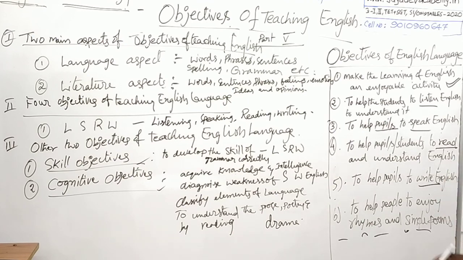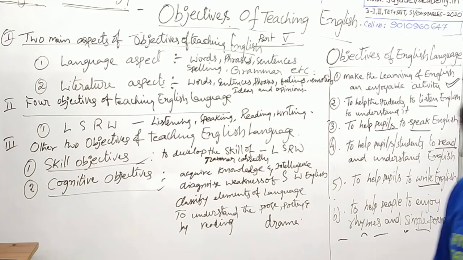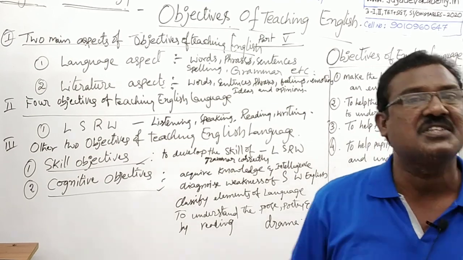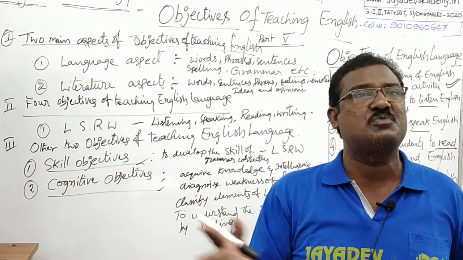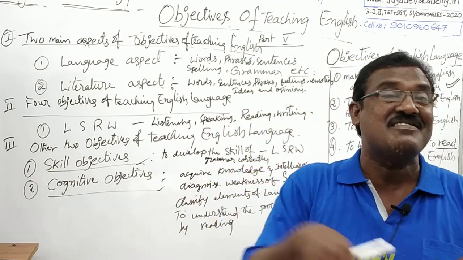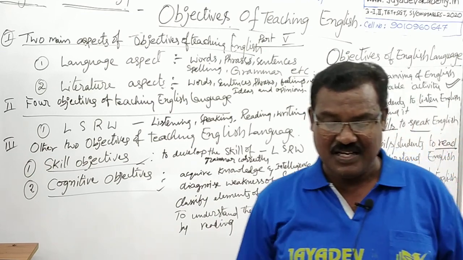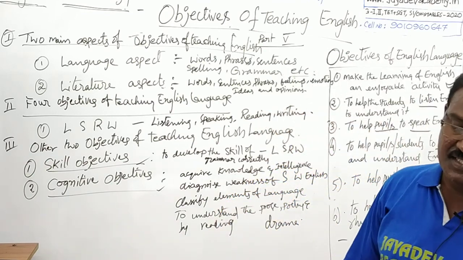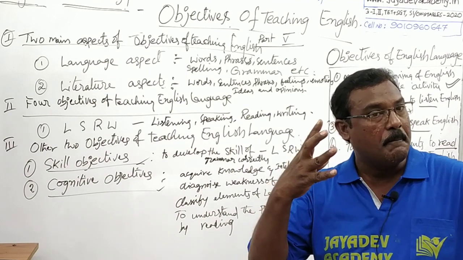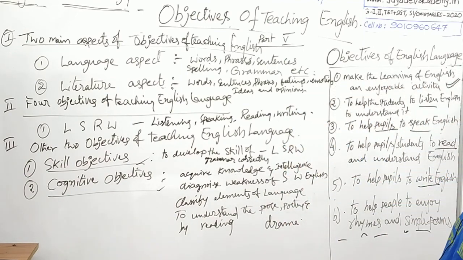The student should understand and speak English properly, and with proper rhyming, rhythm, intonation also, they have to develop. While they are speaking, they have to develop the linguistic skills: phonology, morphology, syntax, semantics, pragmatics. The meanings of different words he has to understand. While he is speaking, then proper meaning can be conveyed.